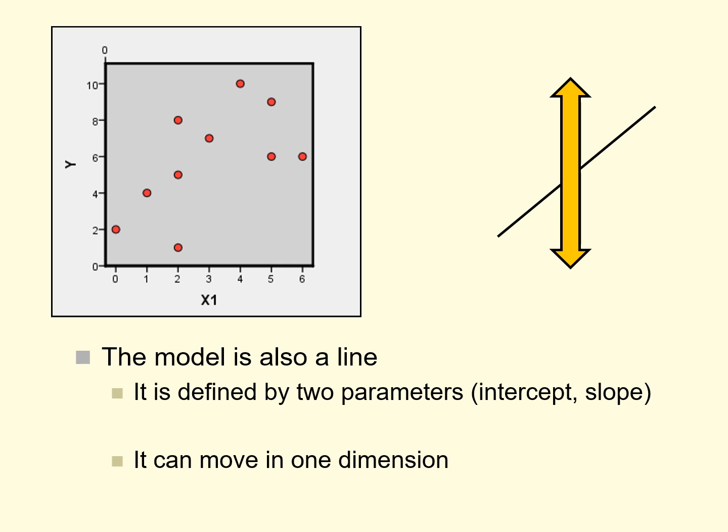It can move in one direction, kind of sliding up and down the y-axis, having a greater or a lesser intercept. It can also rotate in the sense of having a greater or lesser slope. So again, if you think about this like an object in space, it now has two degrees of freedom for its movement through space. That line can slide up, it can slide down, it can tilt forward, it can tilt backwards.